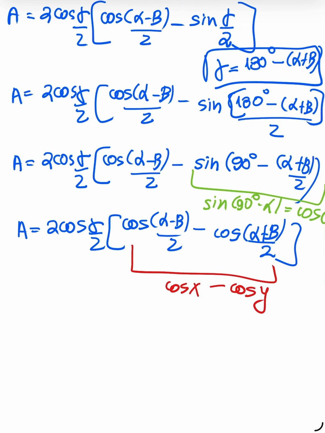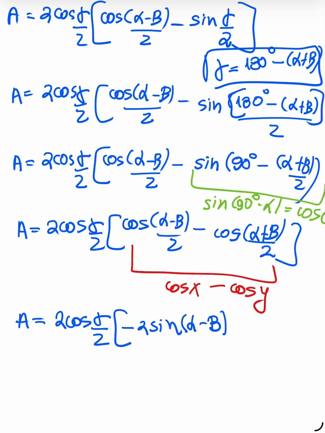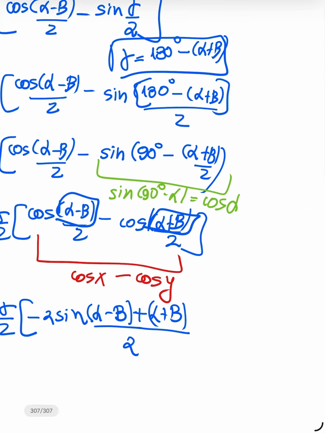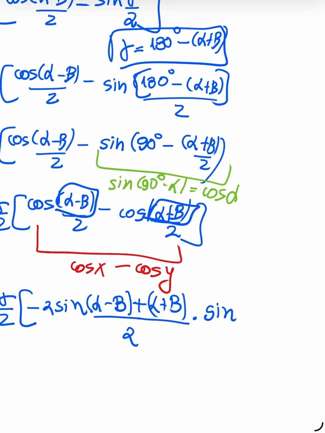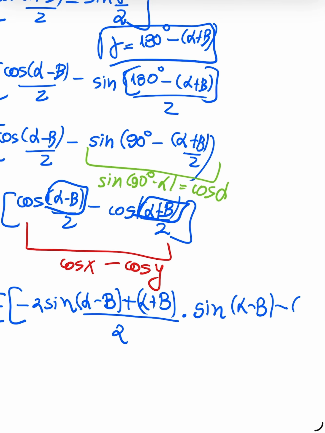The subtraction of cosines. So we have 2 times cosine gamma divided by 2. And in the big bracket, we apply the formula: minus 2 sine of alpha minus beta plus alpha plus beta, because we are adding the first and the second, divided by 2, times sine of alpha minus beta, and here we subtract the second bracket, divided by 2.